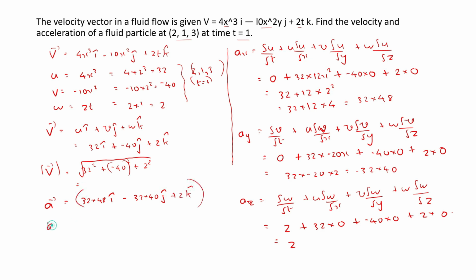So the total magnitude of the acceleration is equal to the root of 32 into 48 square plus 32 into 40 square plus 4. So in this way you can find out the velocity and acceleration of the fluid particle.